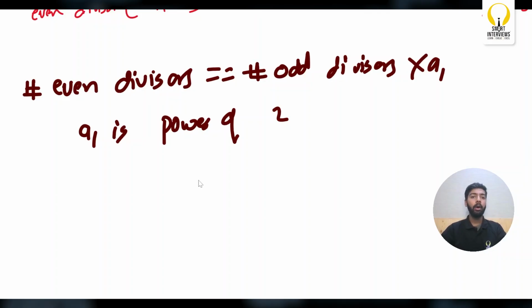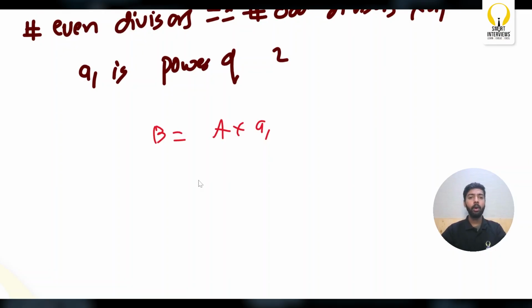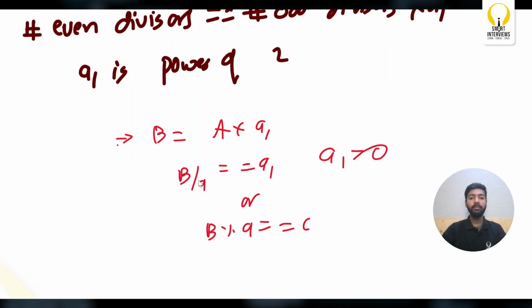So how can I rewrite this? Can I simply say, let's say even divisors are b, odd divisors are a. That means b should be equal to a into a1. How can I rewrite this? So that means b by a should be a1 and a1 should be greater than 0, or we can simply say b mod a should be equal to 0.